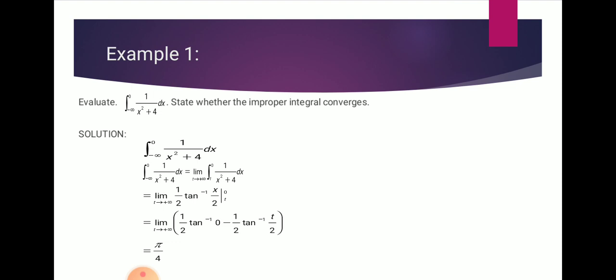Then evaluate the antiderivative: the limit of 1/2 tan inverse of 0 minus 1/2 tan inverse of t over 2. Then, evaluate the limit and simplify. So, the result is pi over 4. The improper integral converges.